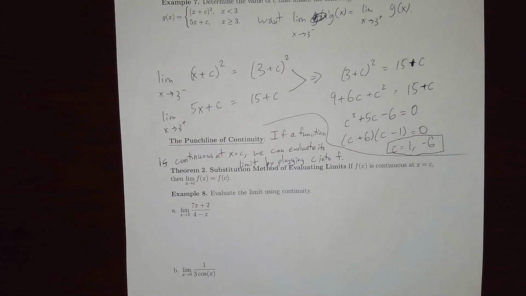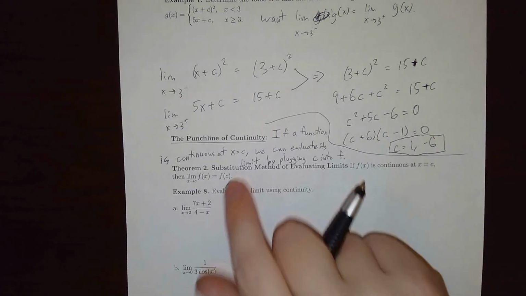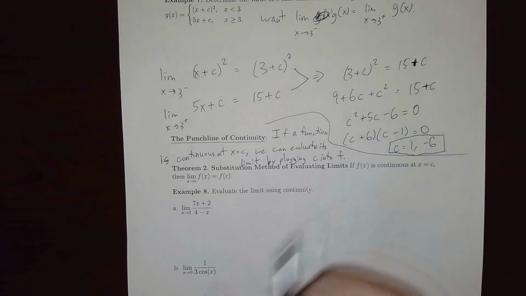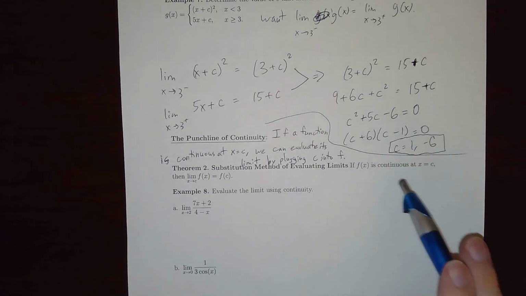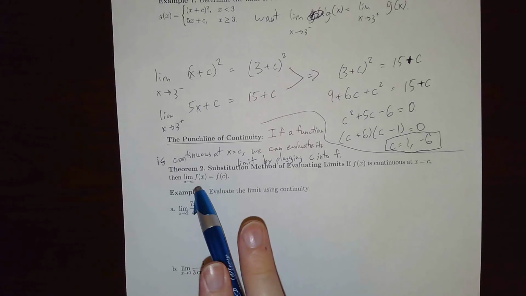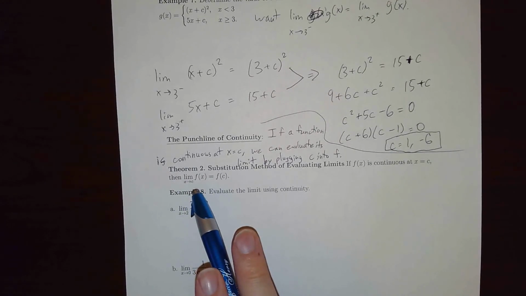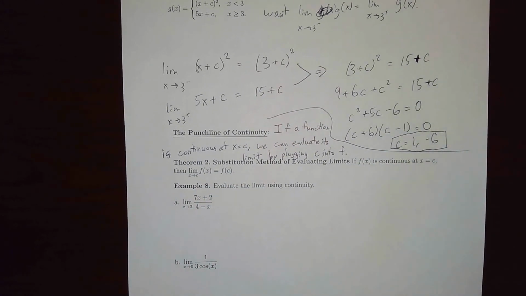What we're saying is that if we know we have a continuous function, we can evaluate those limits by just substituting in whatever it is we're approaching. So if f is continuous at x equals c, then the limit as x approaches c of f of x equals f of c.